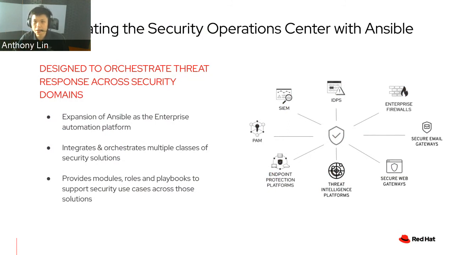We have IDS and IPS, like Snort. Then the enterprise firewalls, things like Check Point, Palo Alto, and Fortinet. So we look at how we can cover all these different areas and integrate and orchestrate across multiple classes of security solutions.